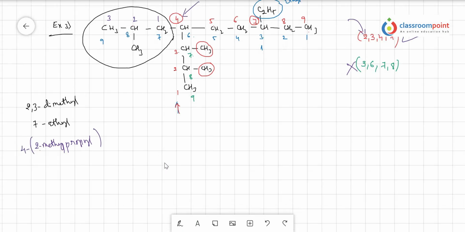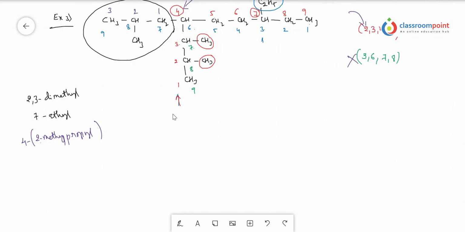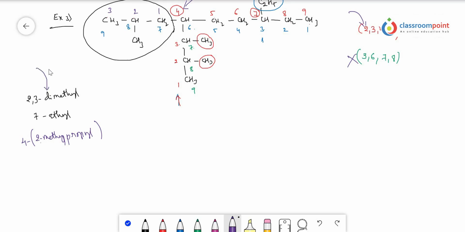Now we have to follow the alphabetical order while arranging these substituents in the name. Remember that in the case of simple substituents, prefixes like di, tri shall not be considered for alphabetical order. But in the case of complex substituents, those di, tri are to be considered. So now here we should not consider di, only M has to be considered, here E has to be considered, here M has to be considered. Here both are methyl, and here also methyl, but E comes first.